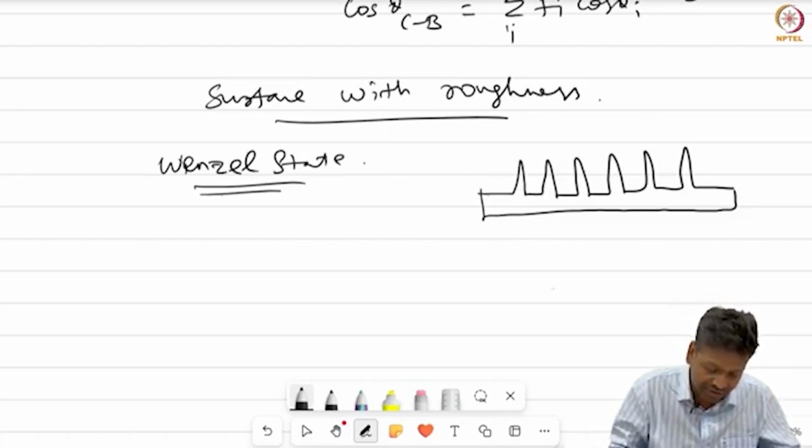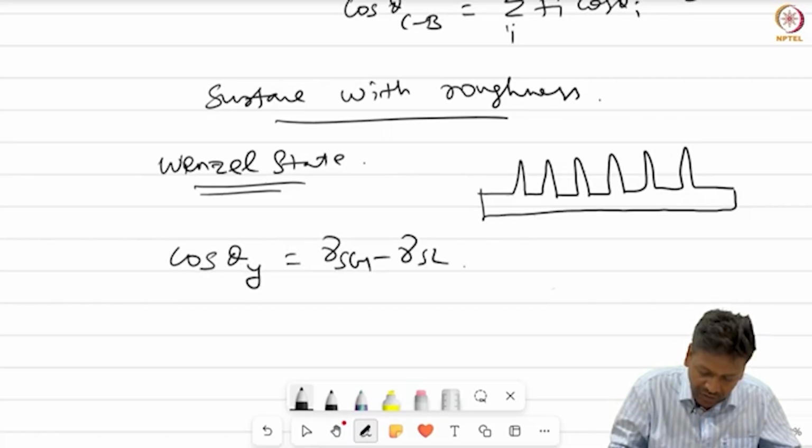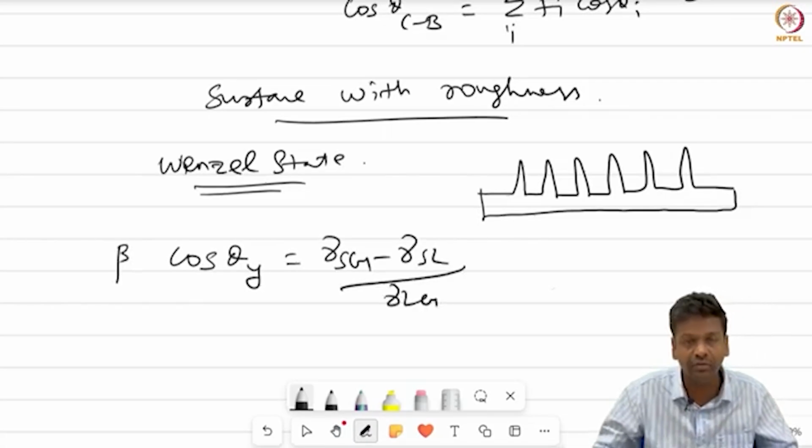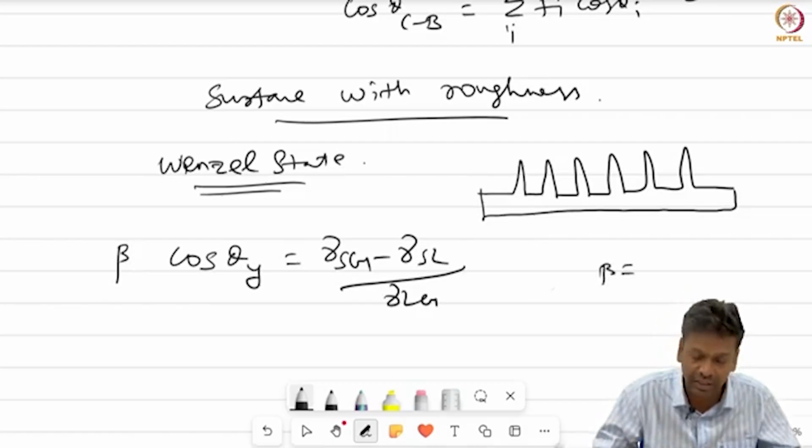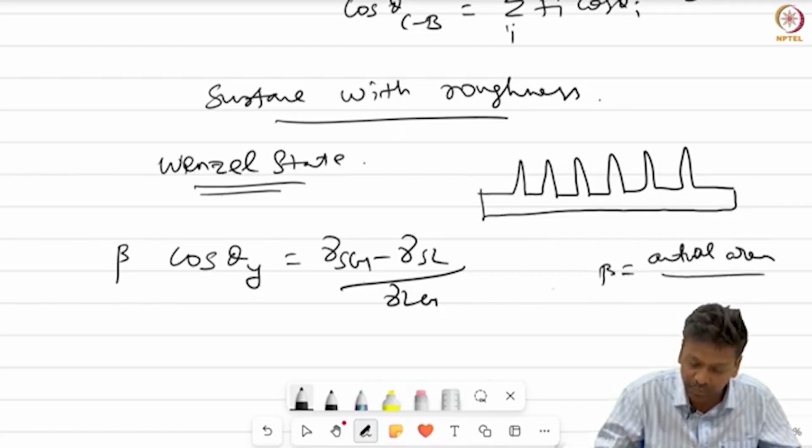Okay, so Wenzel says that you can use the Young equation as it is, right? But with some correction factor, which is nothing but beta. So beta is nothing but the ratio of actual area to the projected area.